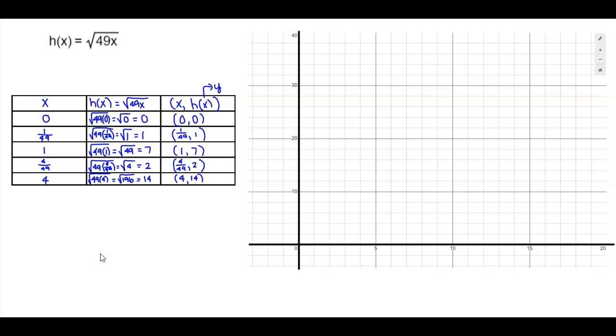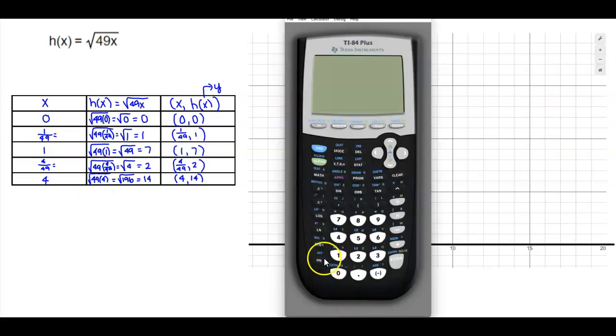Now, let's figure out what numbers represent 4 over 49 and 1 over 49. So we can simply go ahead and do that here. So 1 divided by 49 is about 0.02. Okay, and then what is 4 divided by 49? Well, that's about 0.08.